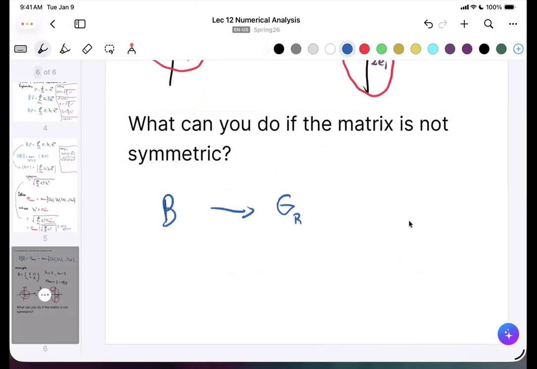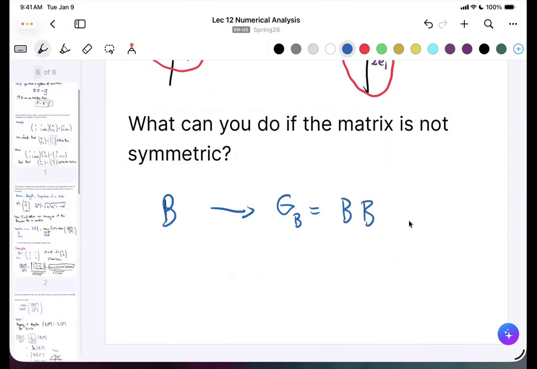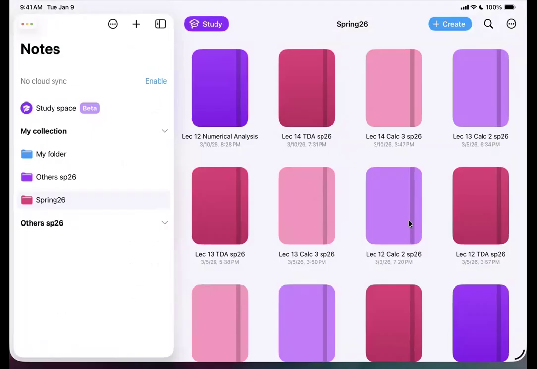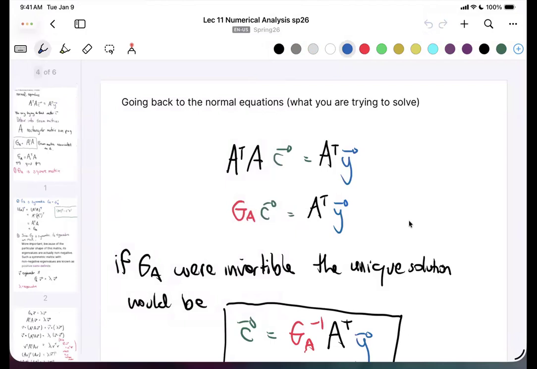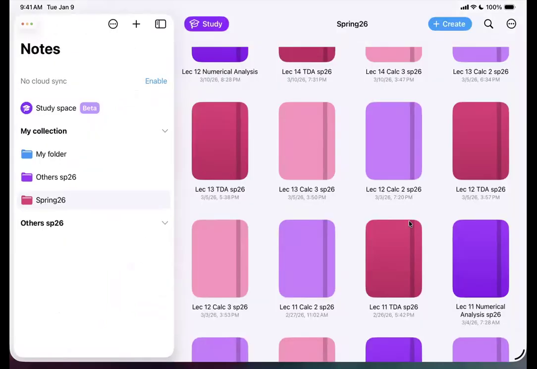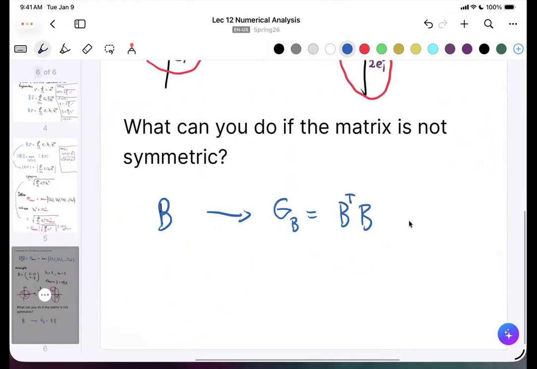Let me see which of these two I put as B B transpose. It was with the transpose on the first factor. So this is always, for free, a symmetric matrix. And we talked about this last time. It has non-negative eigenvalues: all eigenvalues are non-negative.